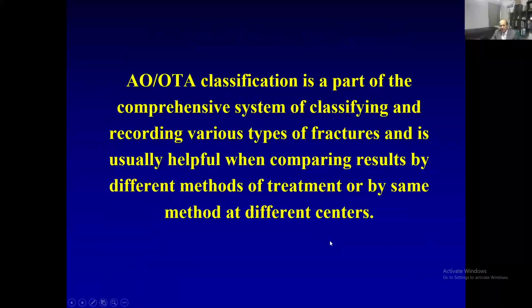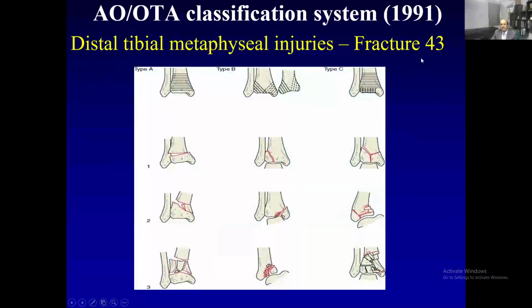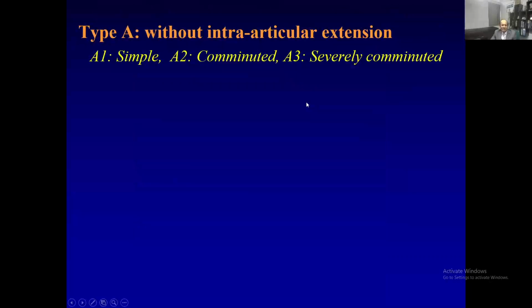AO/OTA classification, I'm just mentioning it for completeness. I'm not going to go into the detail. These are fracture number 43. And like in any other fracture described by AO, there is type A, type B, type C. Type A has 1, 2, 3, type B has 1, 2, 3, and type C has 1, 2, 3. A, B, C almost correspond with 1, 2, 3 of the Rüedi and Allgöwer classification.